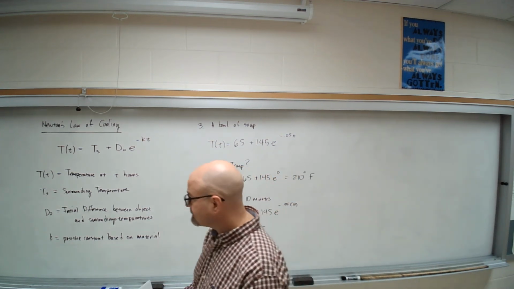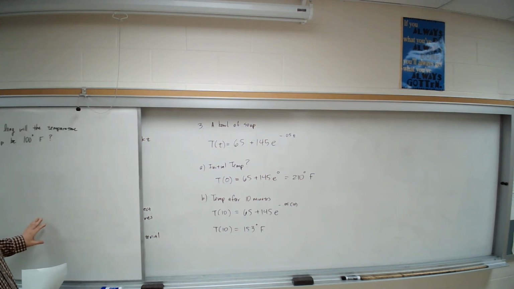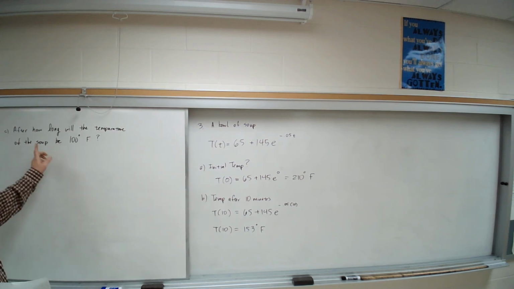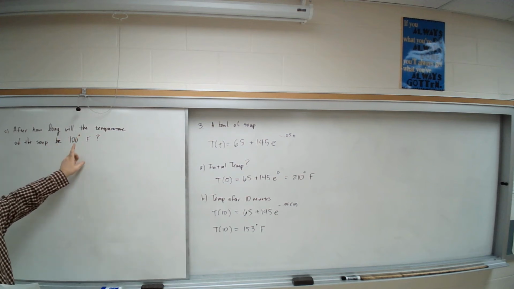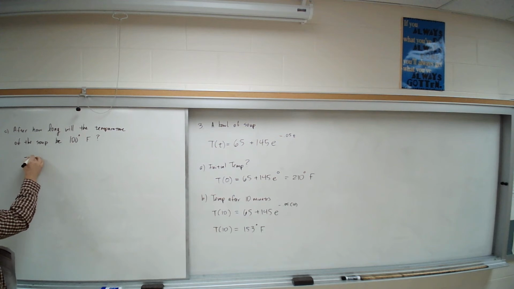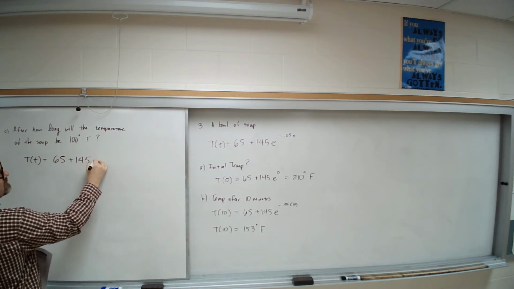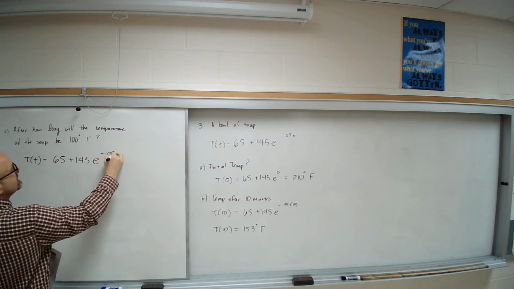The last part asks us, after how long will the temperature of the soup be 100 degrees Fahrenheit? Okay, so again, our model, we can copy this down: 65 plus 145 e to the negative 0.05 t.